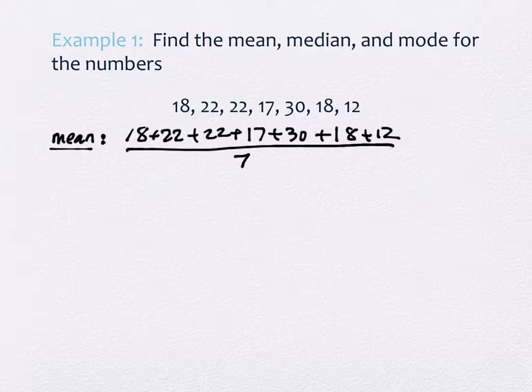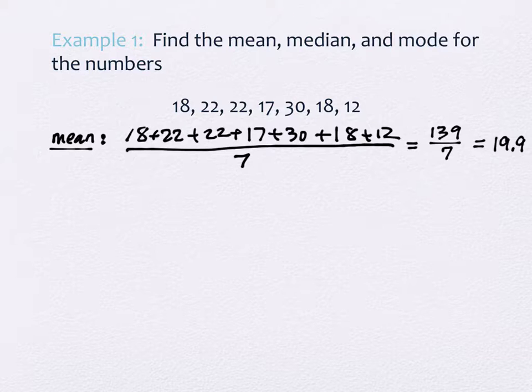There are 7 values, you bet. Somebody tell me what you get when you add all the values together. 139. And if you take 139 divided by 7, what do you have? 19.9.